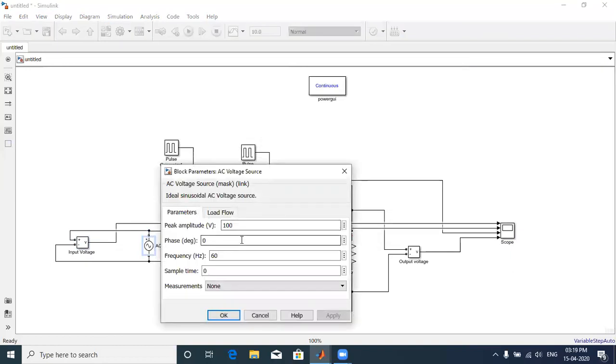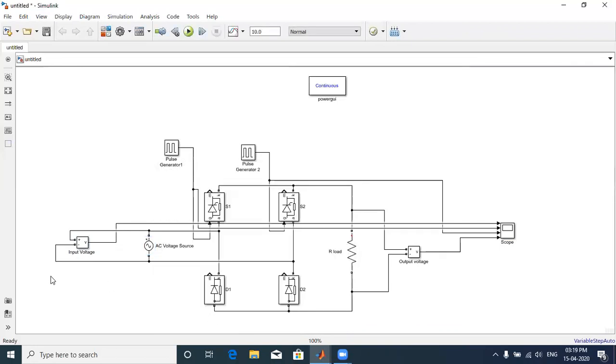We will apply say 120 volts, and the frequency in India is 50 hertz. So I am changing this frequency and say apply. Okay, so now we have configured our AC source, we have configured the load. Now what needs to be done is setting of our firing angle.